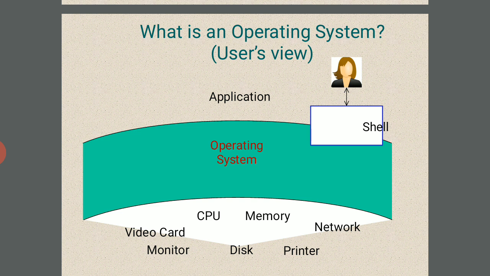So the total operating system is installed in the computer. If the hard disk is 500 GB, first we partition it: C drive, D drive, E drive, F drive. The complete operating system software is stored in the C drive.